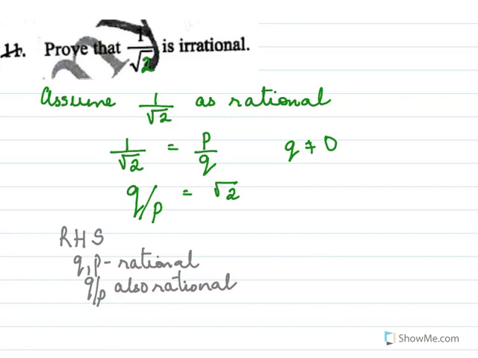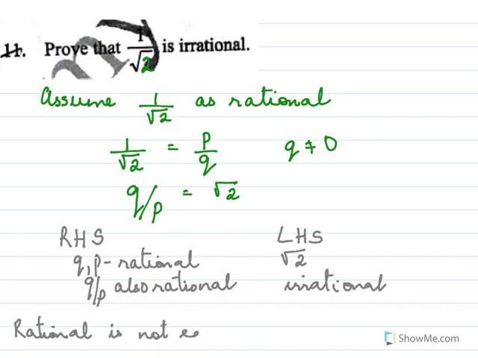Now when we take the left hand side, root 2, we know root 2 is irrational. Now this is not possible. A rational number cannot be equal to irrational. Rational is not equal to irrational.